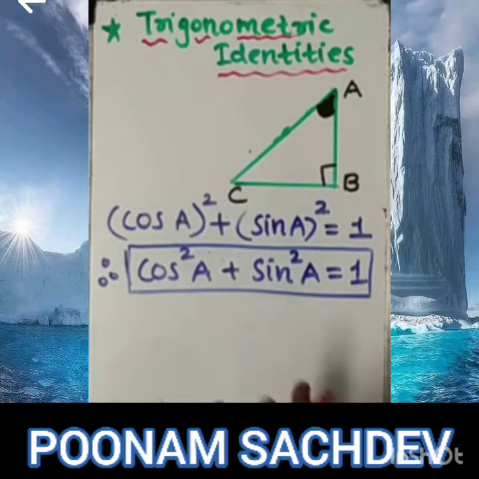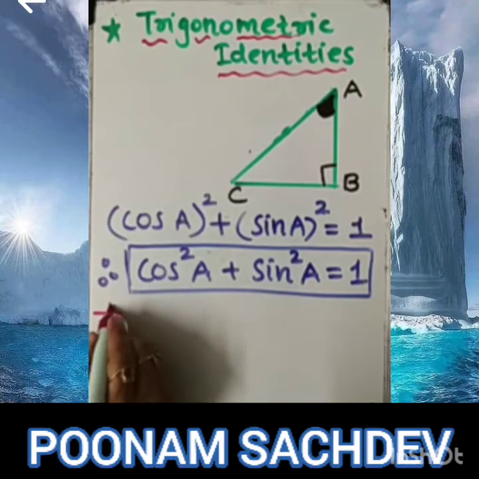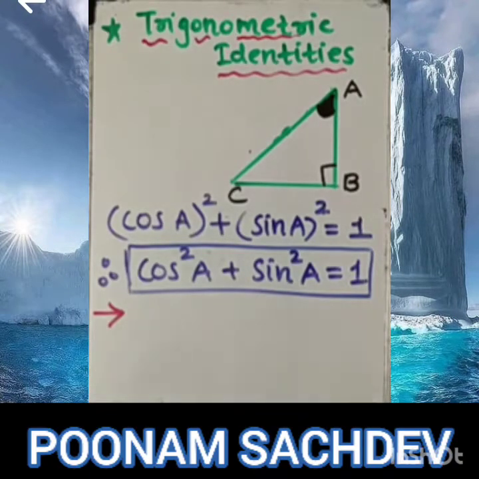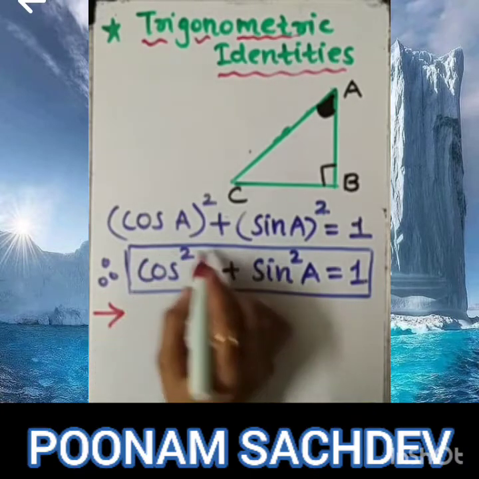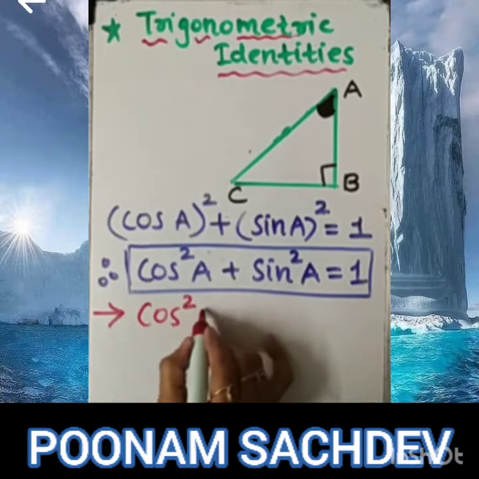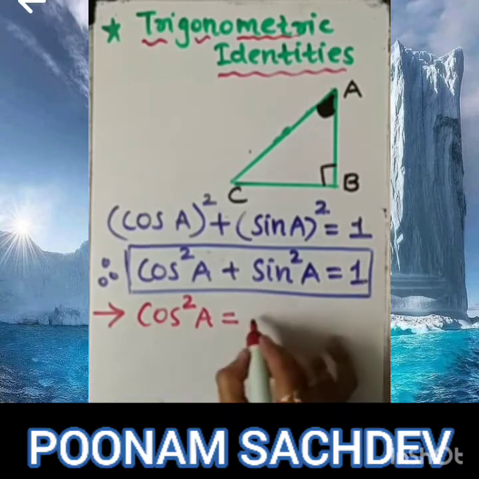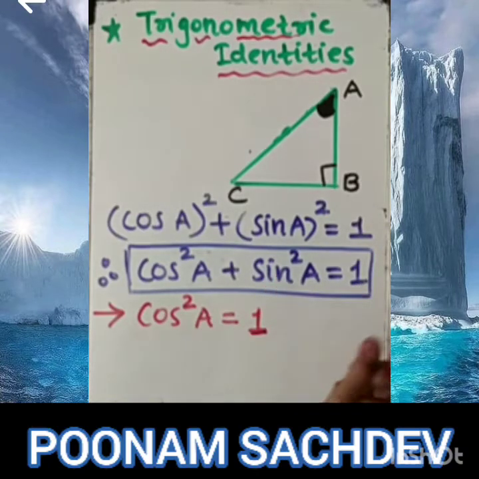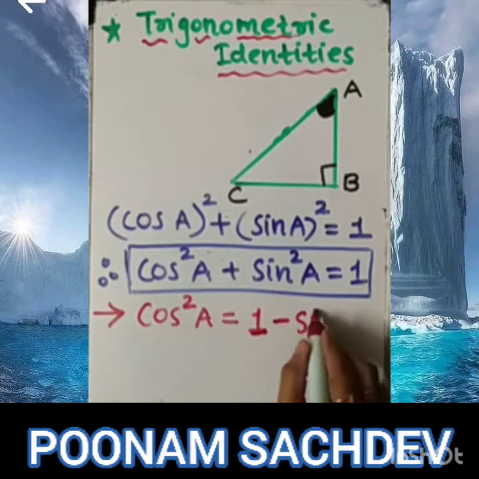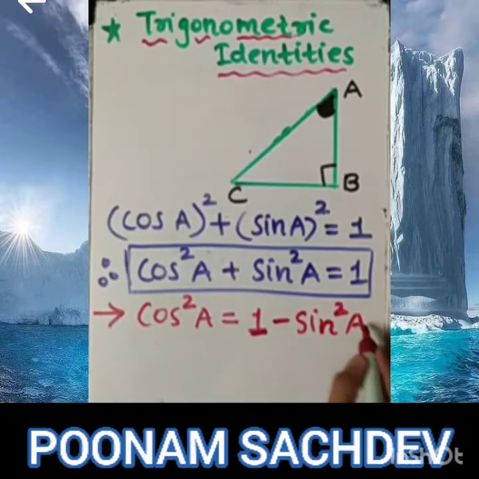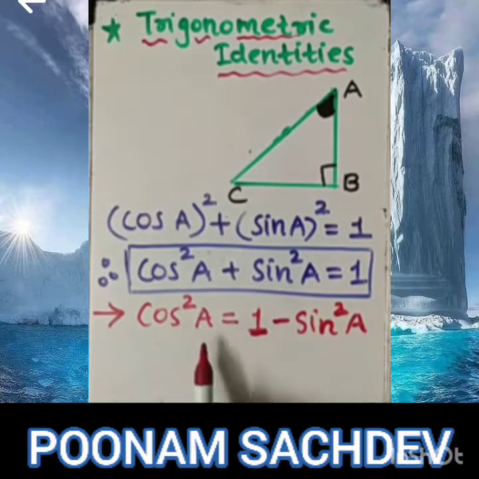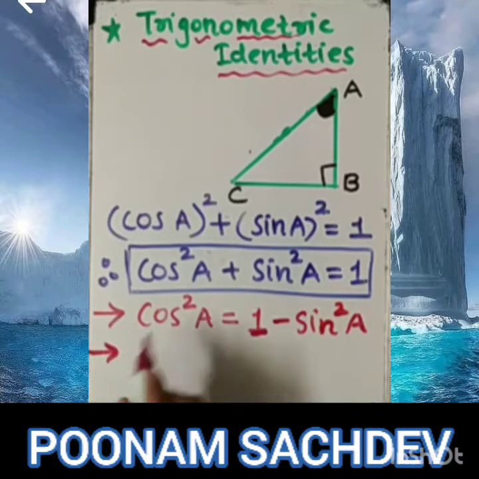And now, through this identity, we can have two important results. Results also I am making you write along with that. If I make cos square A the subject, cos square A equal to 1, and let me bring this sine square A to the left side, so it becomes minus sine square A. So cos square A equal to 1 minus sine square A. One more result with us: I am making sine square A the subject now.